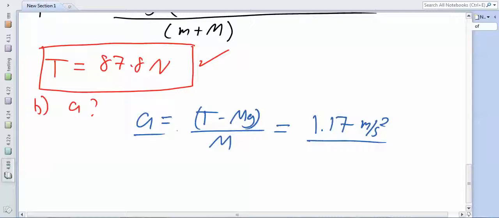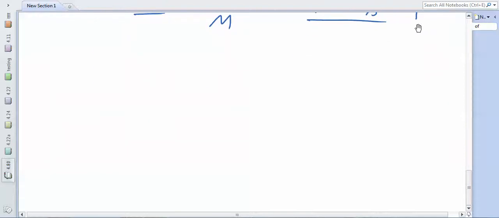All right, so this problem's kind of long, so we need to go back and read what the second part says. How long does it take for the crate to slide 2 meters down the incline? To do a motion problem, we need to draw a pictorial representation, and we're interested in the motion of the sliding block, so we'll draw it on an incline.